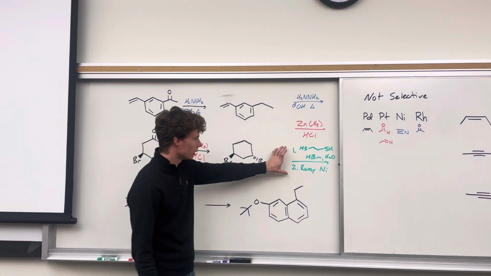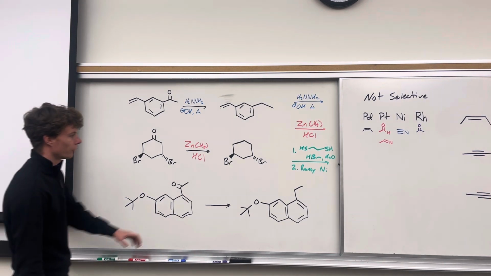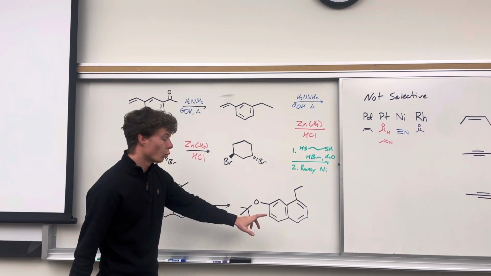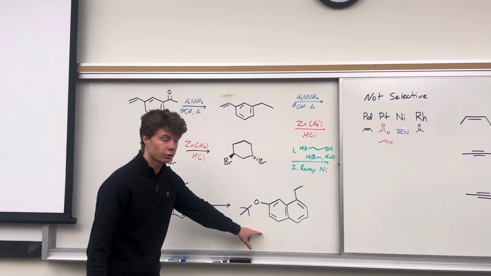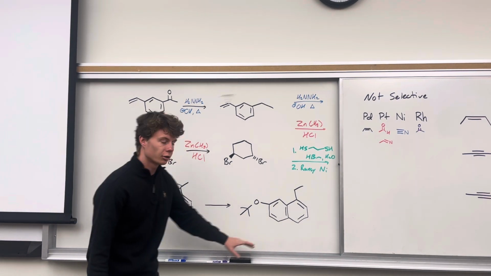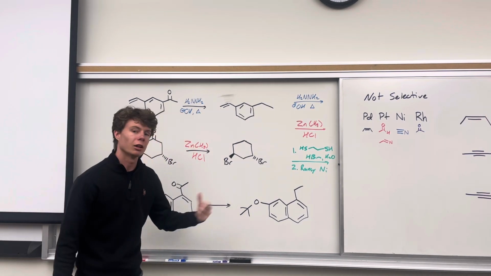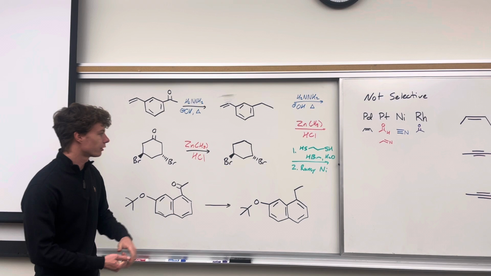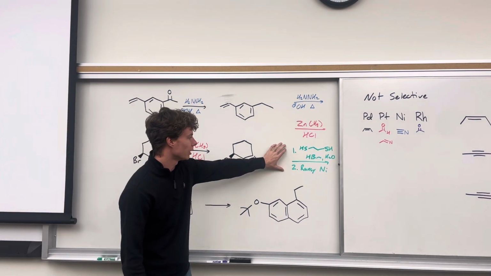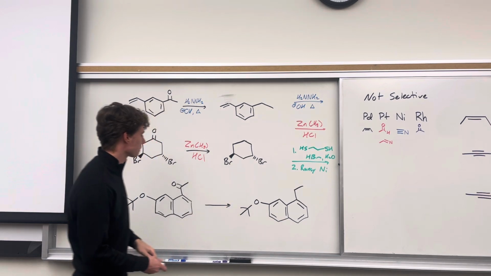Our Raney nickel conditions are slightly acidic as well. So if I use something that's acidic with an ether or an ester, they're going to protonate in acidic conditions and leave. That's going to eliminate my Raney nickel and my Clemmensen.